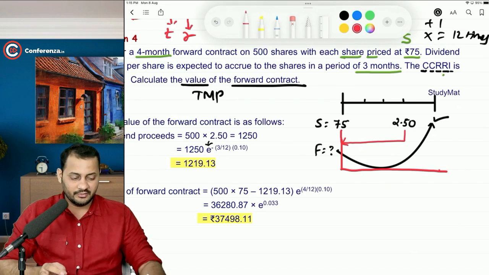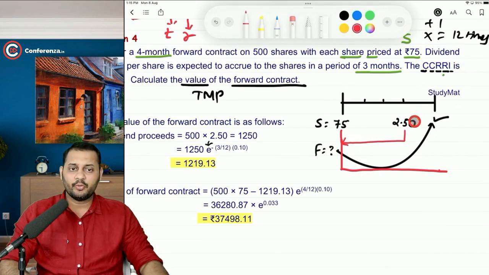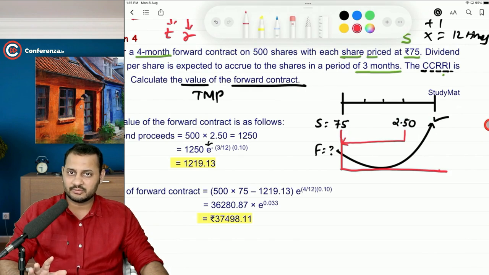Most of the time, taking 2.5 rupees forward by 1 month is easier than bringing it back by 3 months and then taking the net figure to 4 months. This is a little complicated. The simple way is to take 2.5 one month forward and 75 four months forward. That's it.